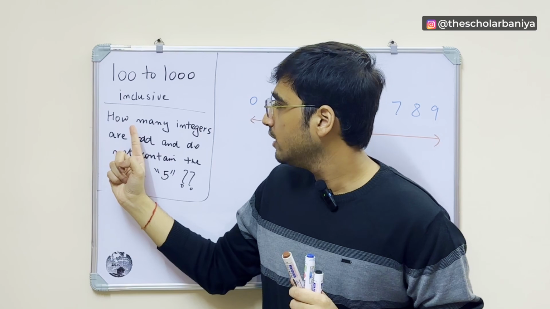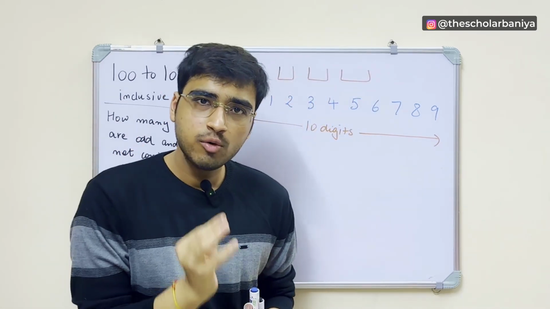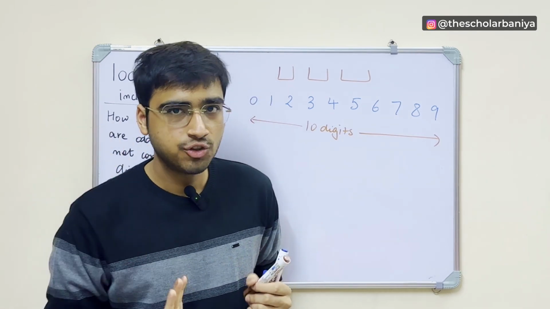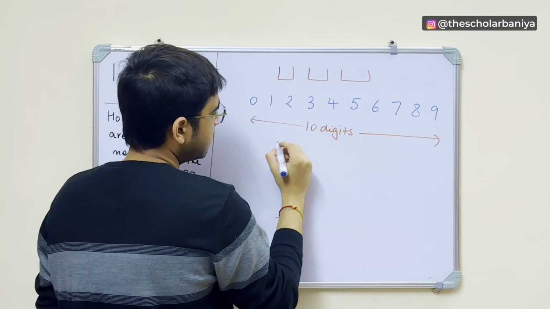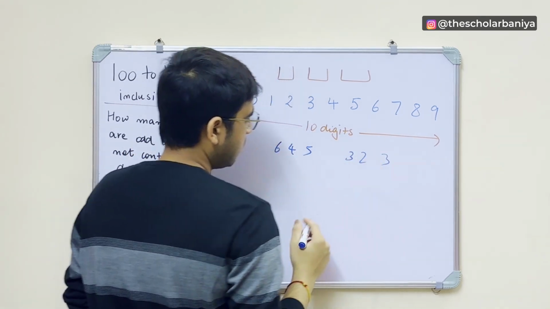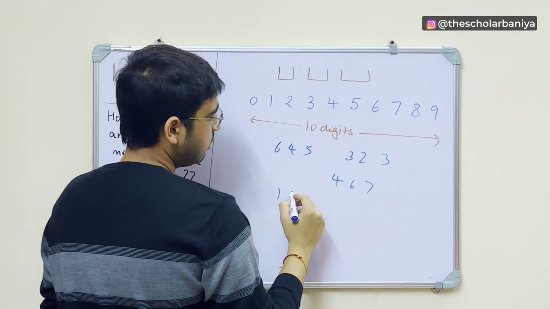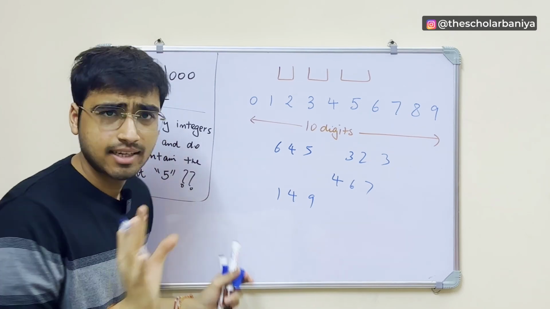Okay. Now, firstly, we are given the condition that the integers should be odd. How do we determine that an integer is odd? By looking at the last digit. For example, 645, 323, 467, 1149.